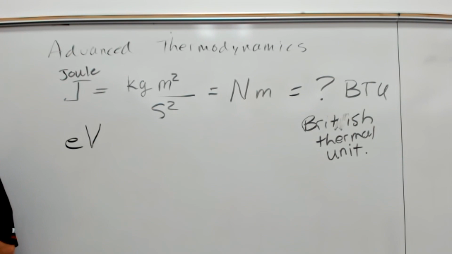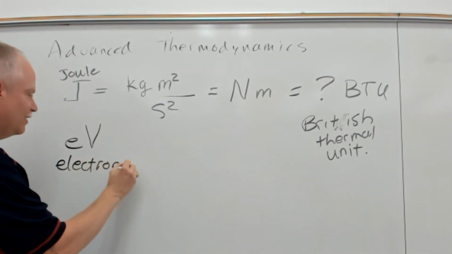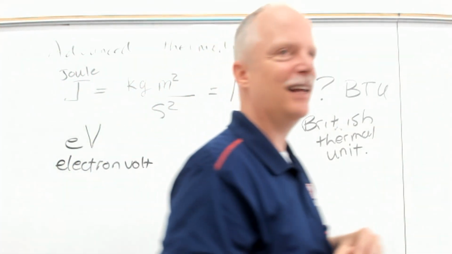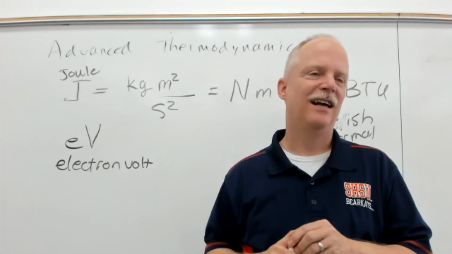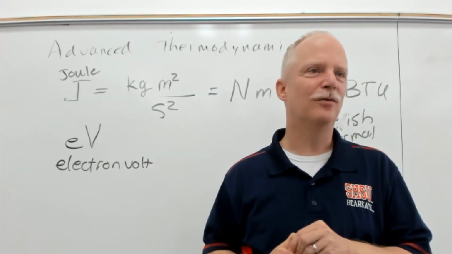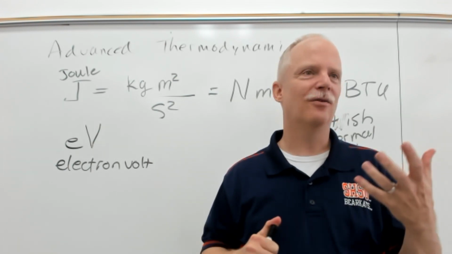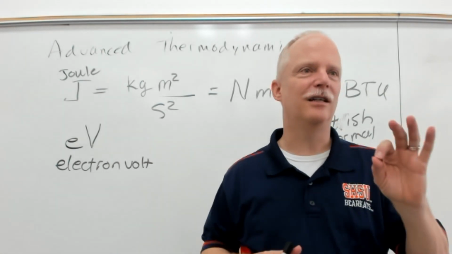So an electron volt is to make one electron move through a potential of 1 volt. I think it's 1 electron accelerated with 1 volt of electromotive force. That's the energy that it has.